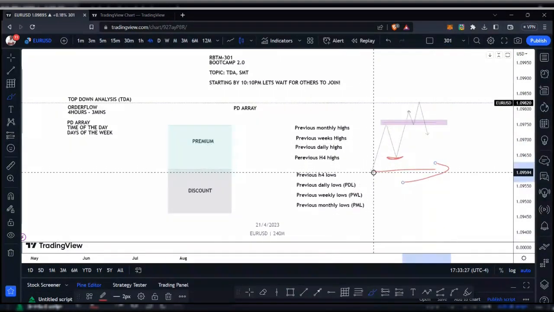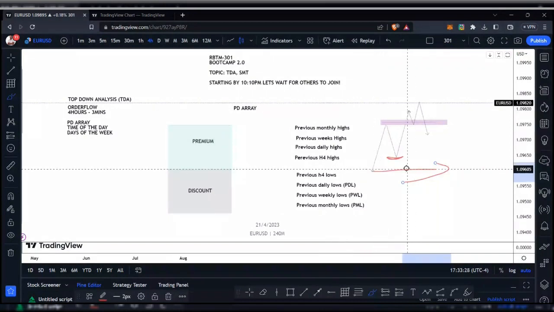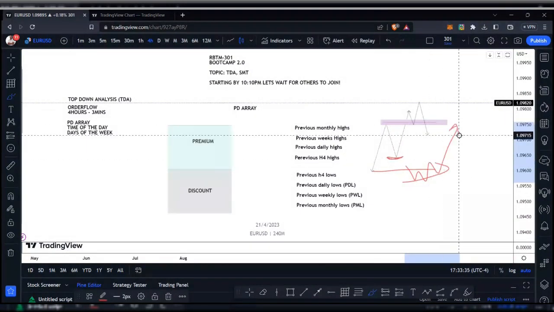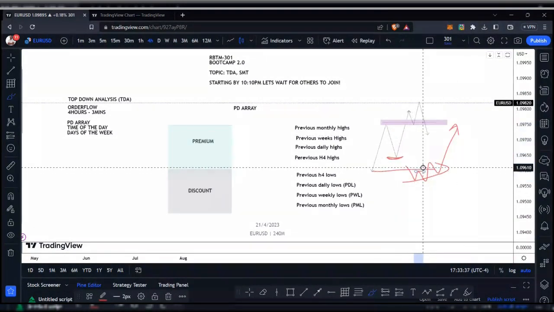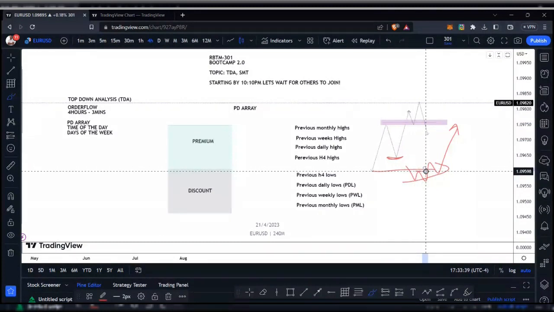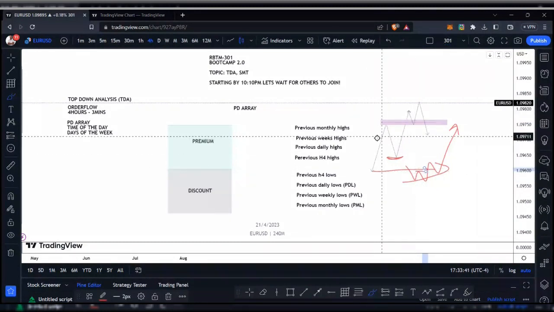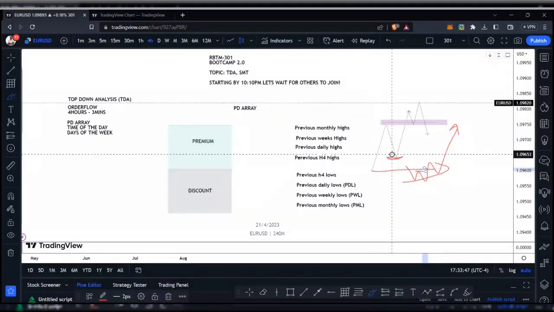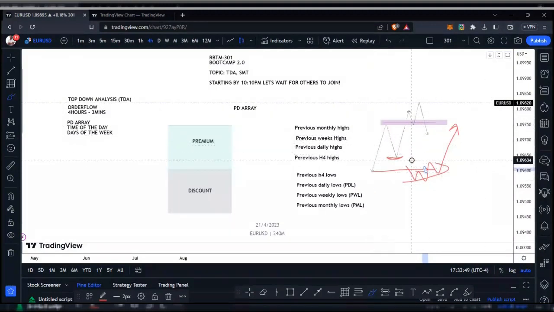Takes out that low, and then let's say accumulates, and then you get that kind of movement. So we are looking at price taking out major liquidity.